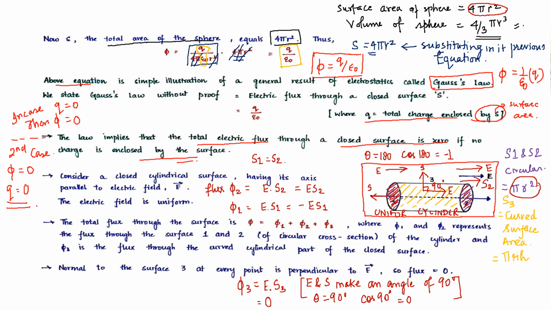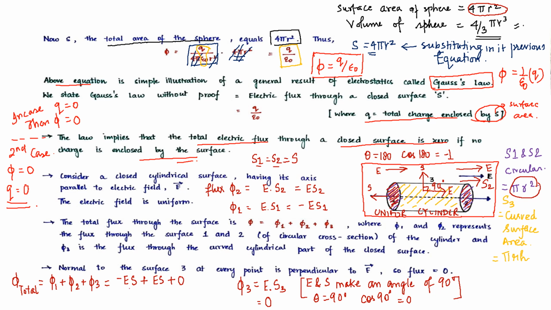Now coming to the left down corner, we will find xi total. The total flux will be given by flux from surface 1 plus flux from surface 2 plus flux from surface 3. From surface 1 it is minus ES. See, S1 equals S2 equals S, let us give a common name. And xi2 is ES and xi3 is 0.